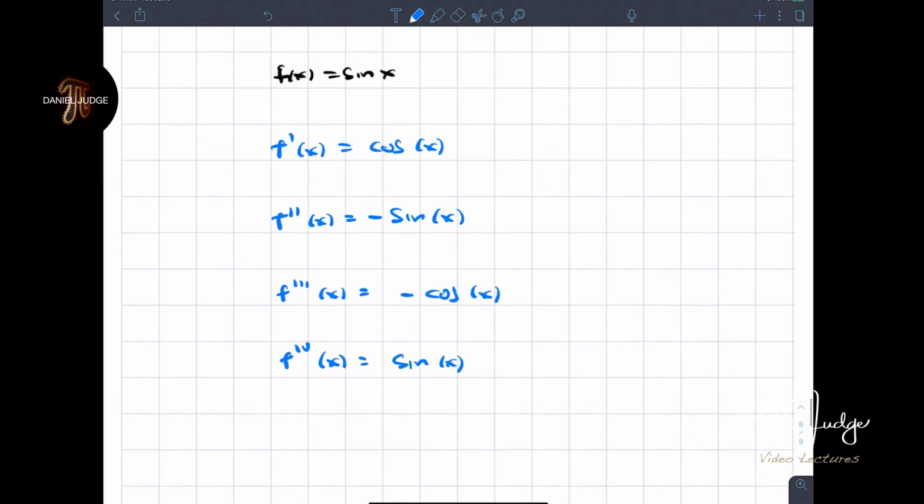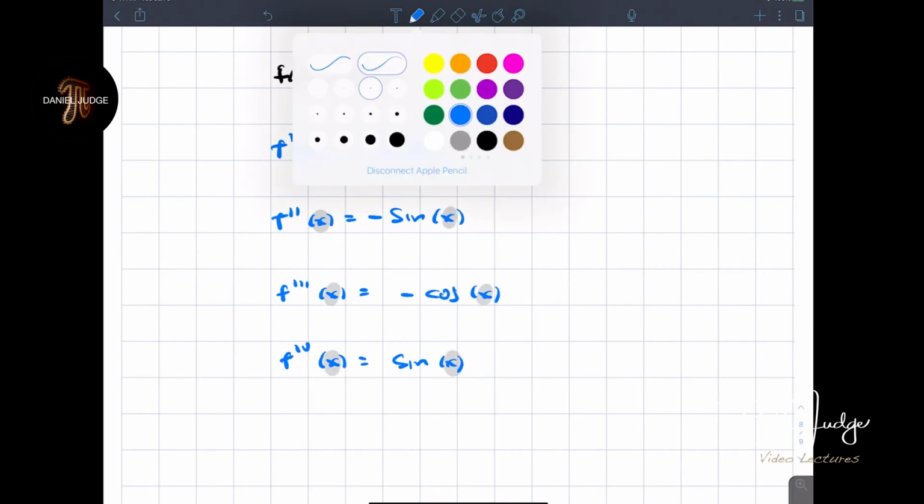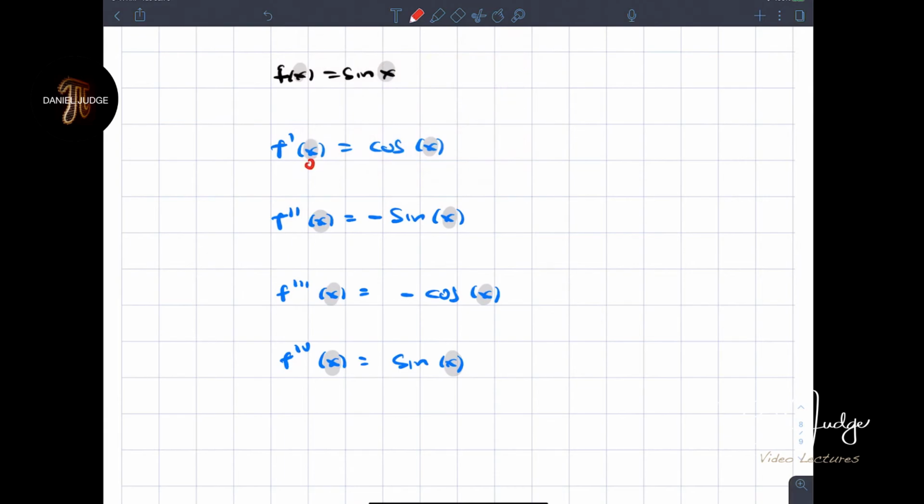Now, if we want the Maclaurin series expansion, we're going to have to replace this x here with 0. So wherever there's an x, replace that with 0 here. And we get 0 everywhere.